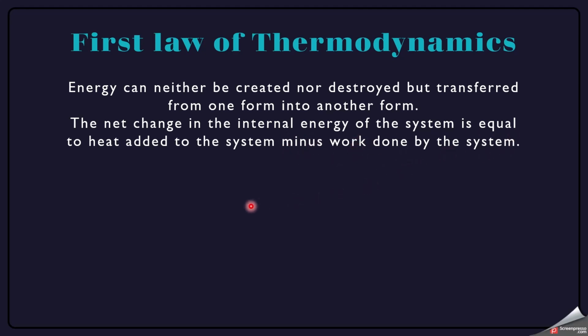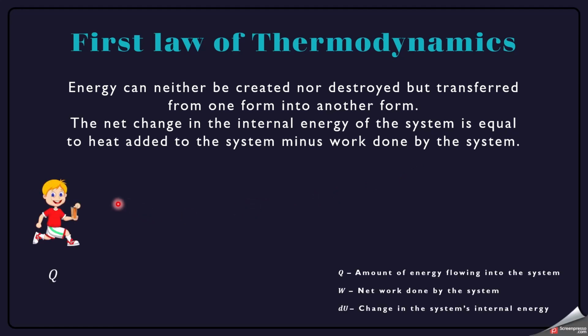Let us consider an example of a boy taking a health drink. The energy flowing into the boy is taken as Q. If a boy takes an energy drink, then he gains Q amount of energy from it. That means Q amount of energy is entering his body.